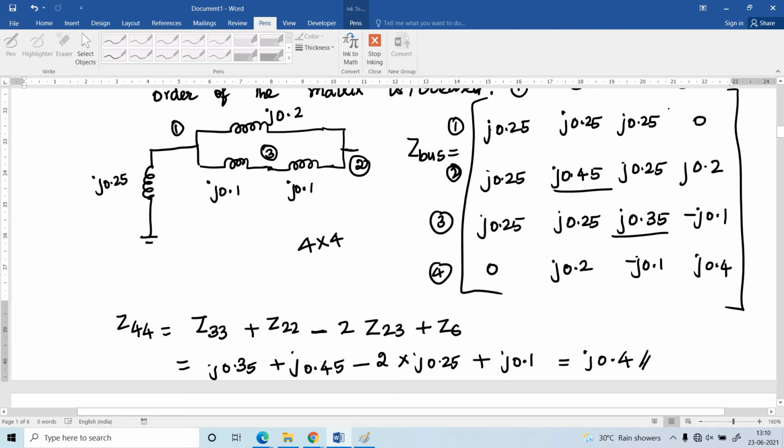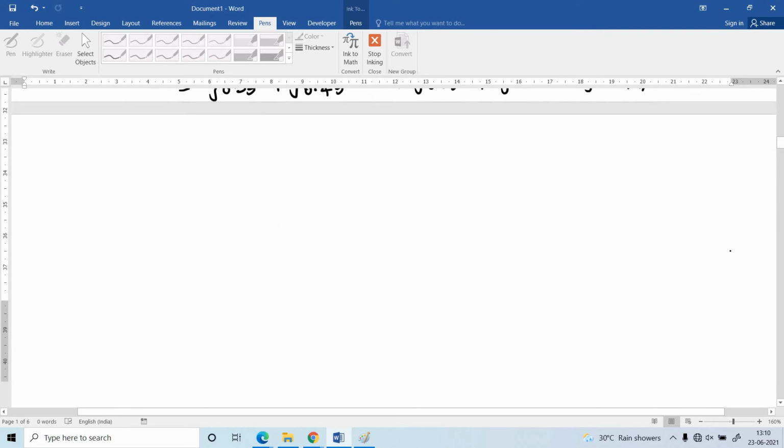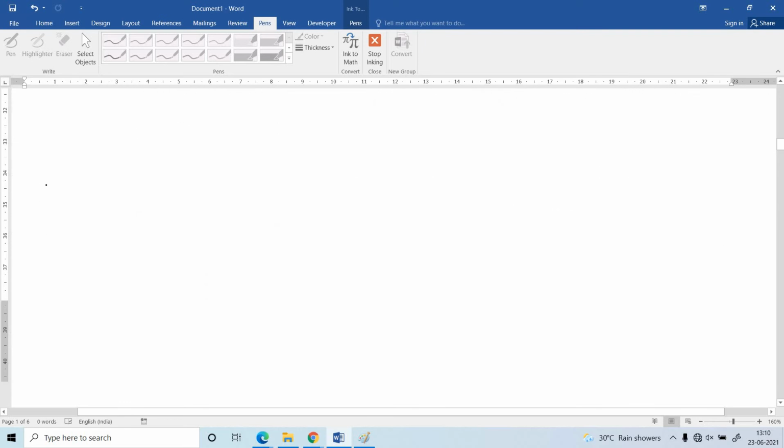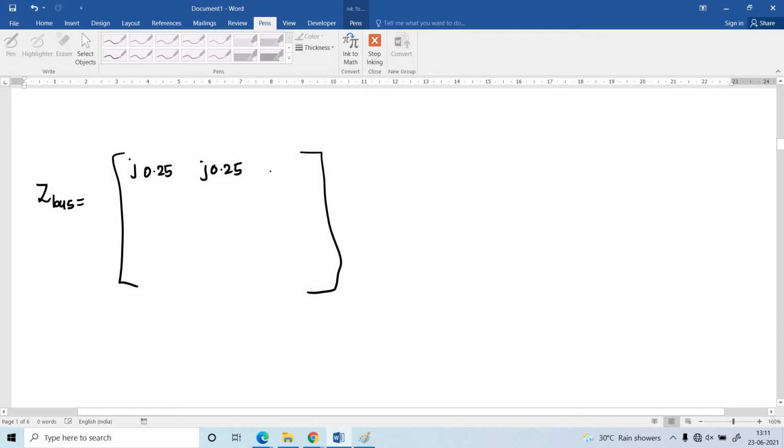What is my next step? I am going to remove the last column element and the last row element, to find out the final 3 cross 3 ZBUS matrix. For this, first of all, I am going to put the old matrix again. So what is the old matrix? The old matrix we have got is j 0.25, j 0.25, j 0.25.